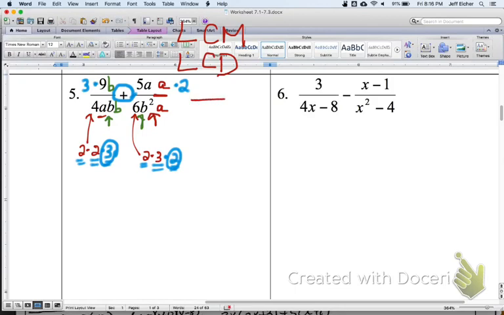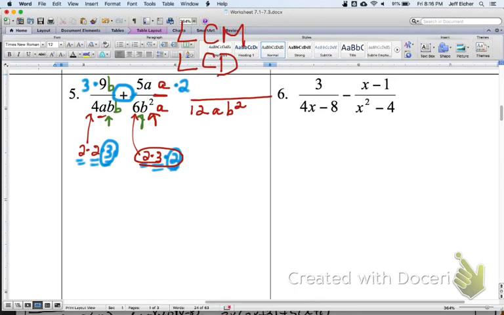So we would have one common denominator of 2 times 3 times 2, which is 12, a single a, and then a b squared. That would be the lowest common denominator, also known as the lowest common multiple.